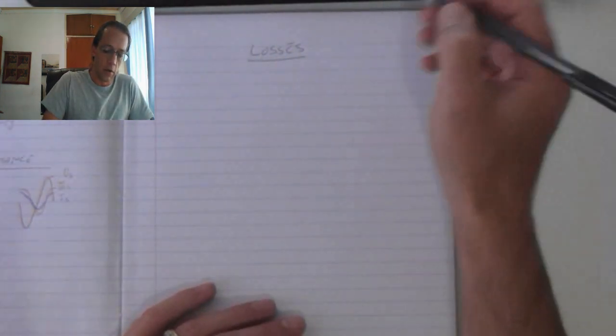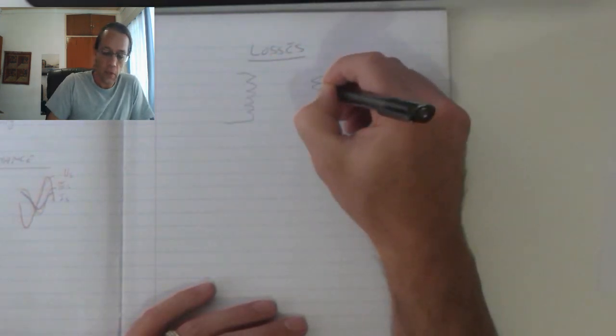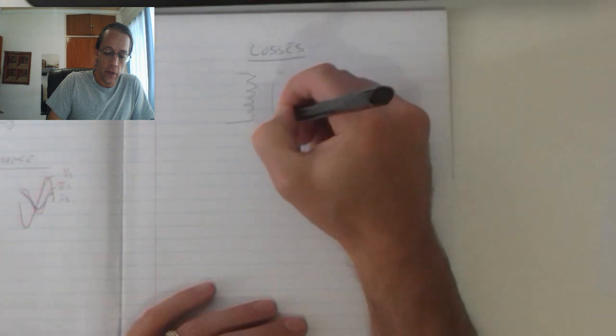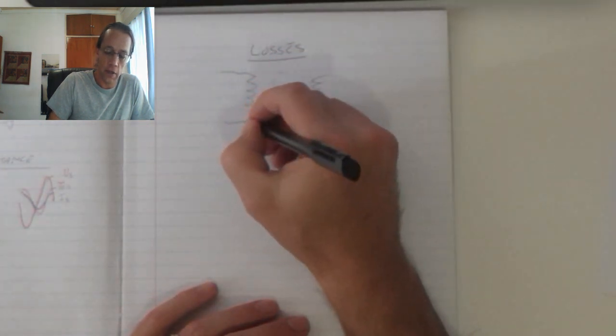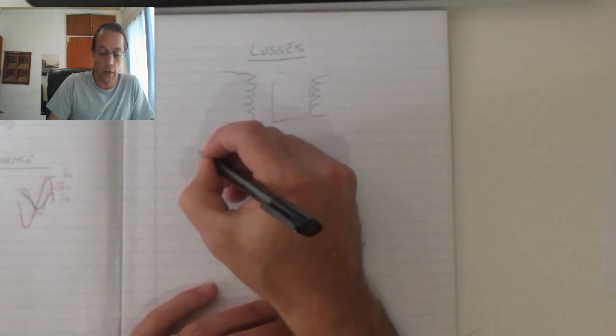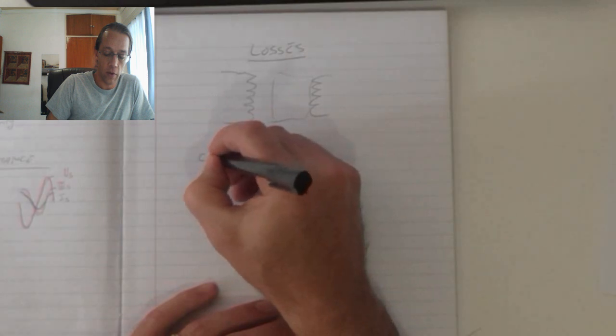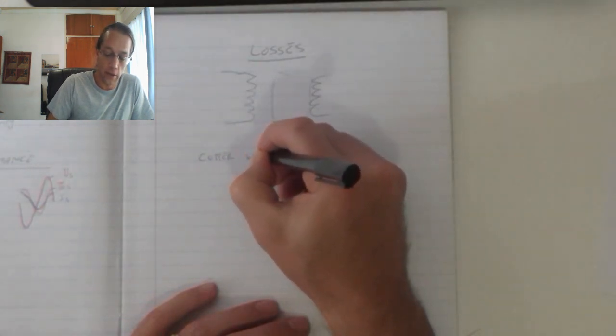Losses in transformers. When we consider a transformer, we need to remember the construction which it is made up of. Firstly, we've got copper used to create the windings. So the first loss is because of the copper.